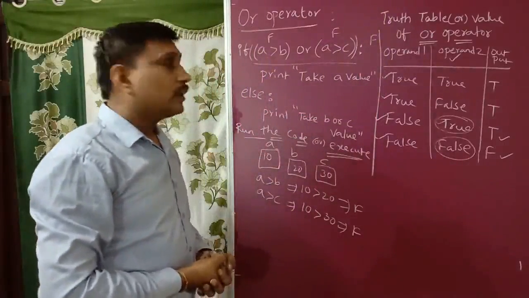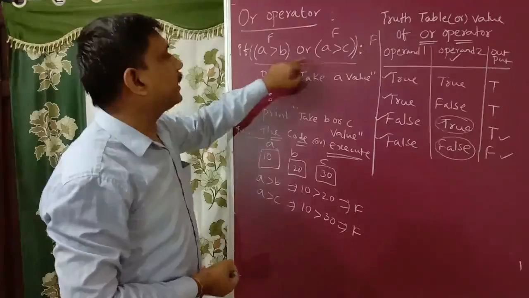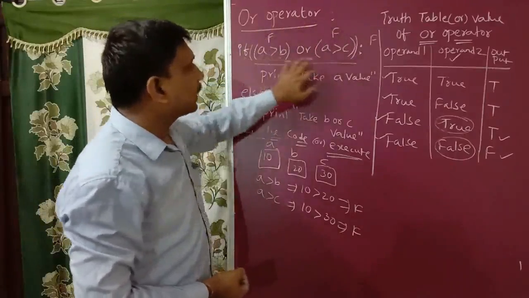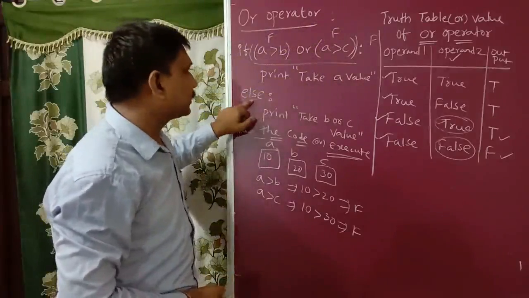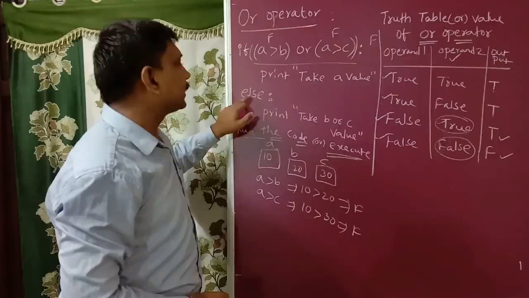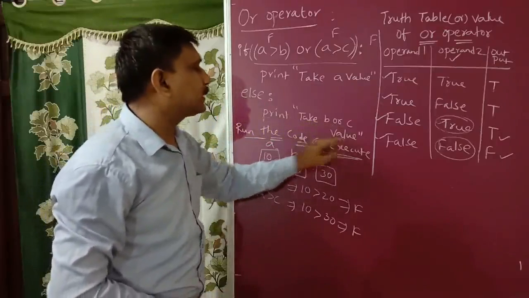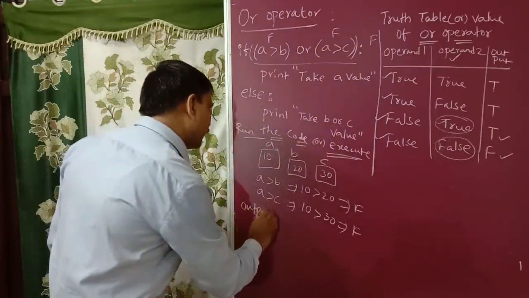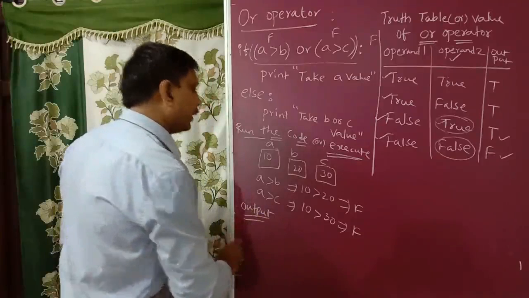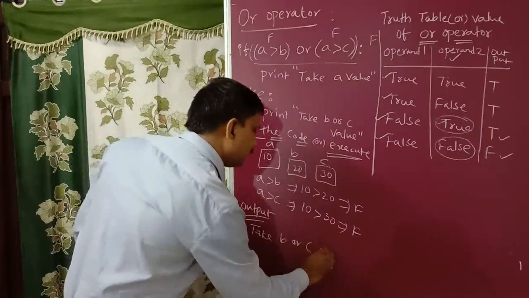So it doesn't print the first statement, because that is printed only if the complete condition evaluates to true. Otherwise, when it evaluates to false, it goes to the else part and prints "take B or C value".